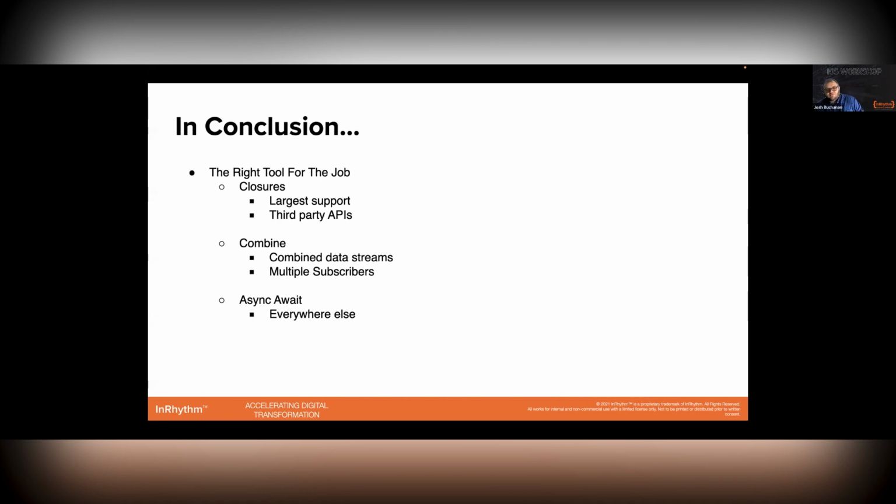But in general, if you don't fall into category one, where you've got to get that largest support or older software support, and you don't fall into category two, where you're doing some of that specialized stuff with Combine, you should probably be looking to async await. It's easier to write, it's easier to test, it's easier to maintain, and in a lot of cases, it's easier to keep track of what's going on and understand what's going on.